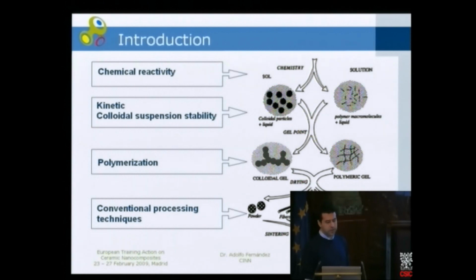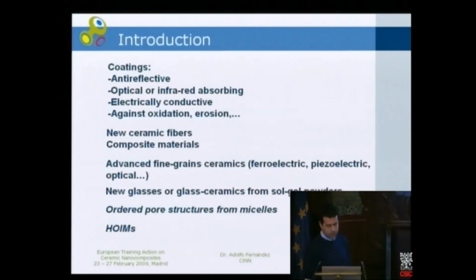When the gel is formed, it's necessary to control the conditions for the polymerization. And once the product is formed, it's necessary to consider also that it's going to be submitted to conventional processing techniques. And the success in obtaining a good product is only achieved if all these stages are controlled.